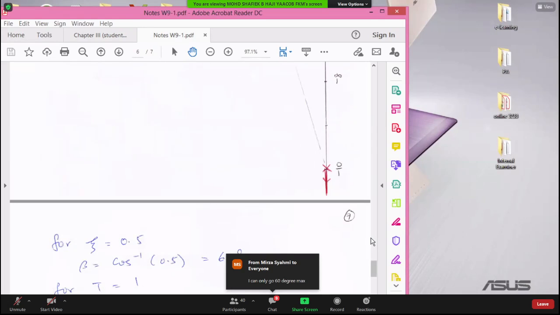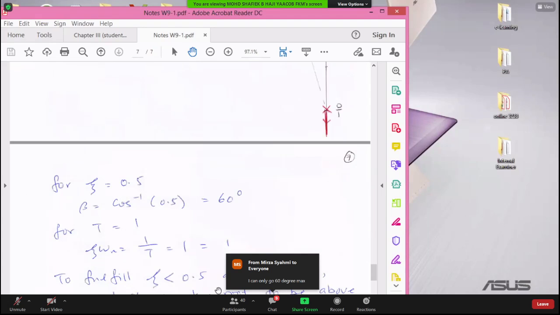Press Control Alt and plus at the same time. Let me do that. Control Alt plus. It's not happening.